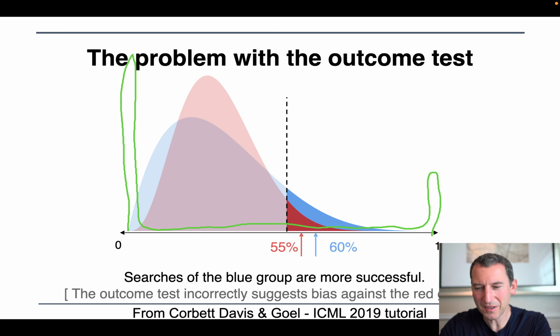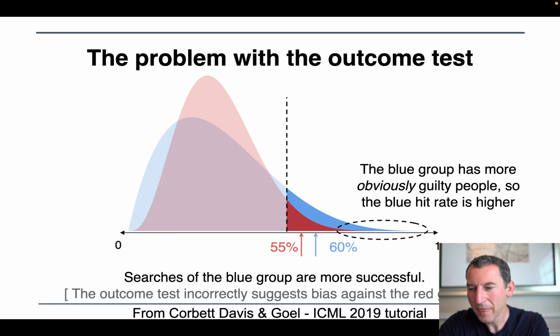So a really good discriminator allows you to pick pretty much any cut here, and the outcome's pretty much going to be the same. Okay, it's not entirely the same because it's not exactly zero, but it's very clear that a green curve is going to lead to a situation where pretty much only the people carrying contraband will be stopped, and pretty much everybody who doesn't will be let through. So keep that in mind.